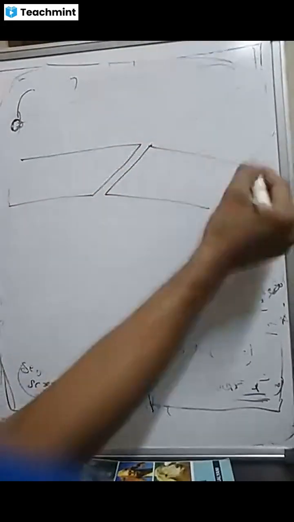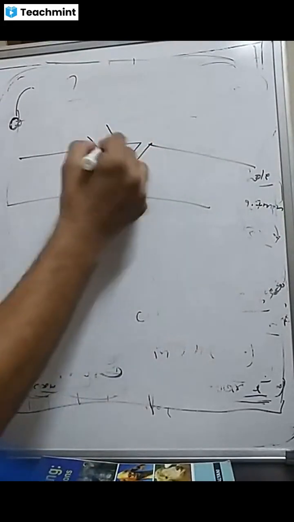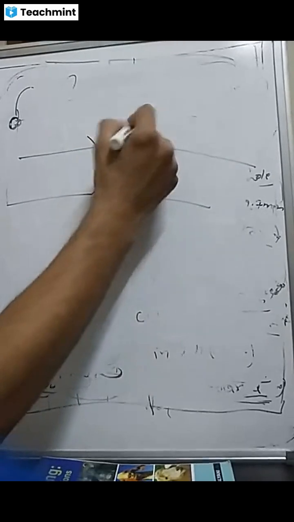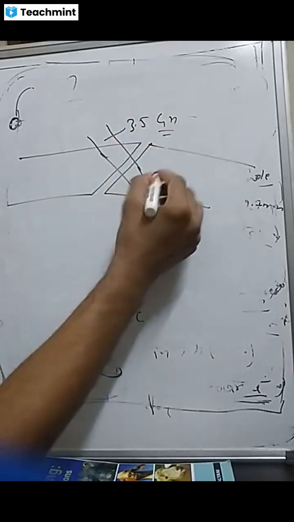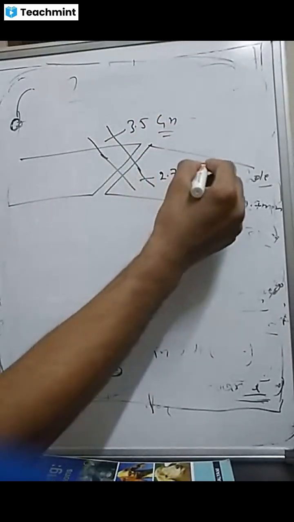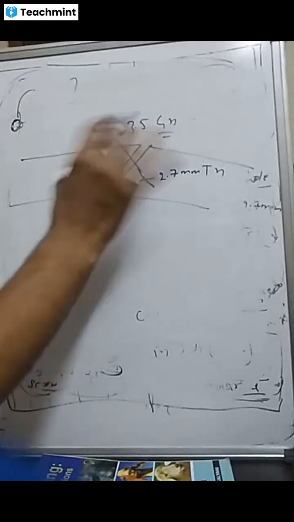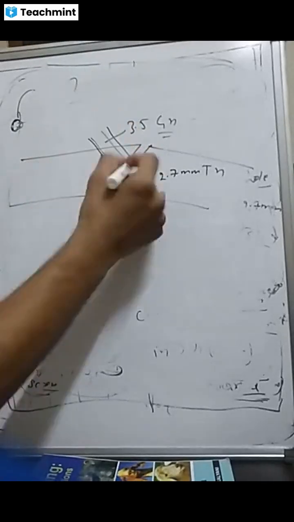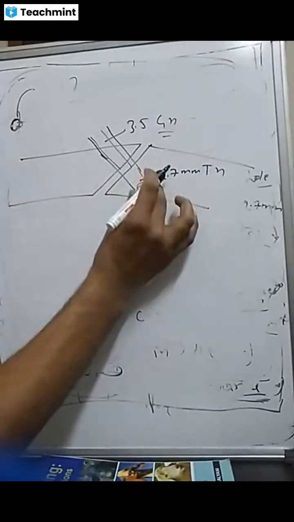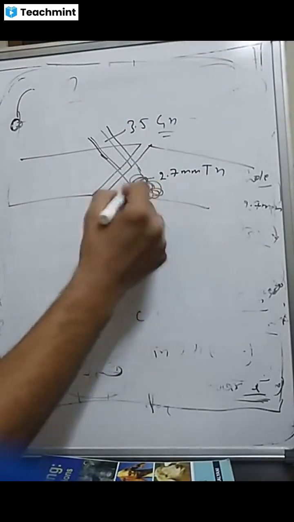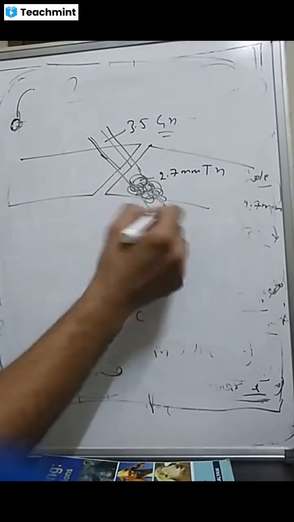This was the oblique fracture. This was the big hole, the 3.5 mm gliding hole, and this was the 2.7 mm thread hole. The screw will enter easily. It will glide here: no threading, no cutting. But here the hole is smaller, so the screw will start cutting and it will engage here.